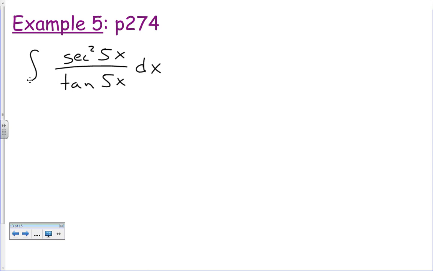So I'm going to use the denominator of this, which is technically my inside function of my reciprocal function there, as my choice for u. So we're going to say that u is equal to the tangent of 5x. And of course, when I do this, I'm keeping in mind that I have to take the derivative of that, and I need the derivative to be part of this problem.